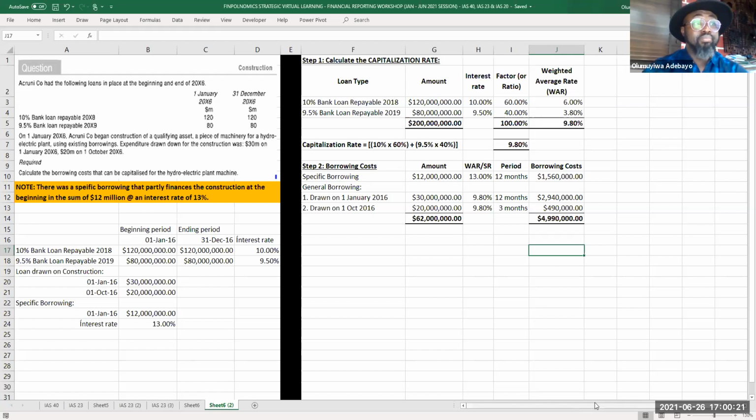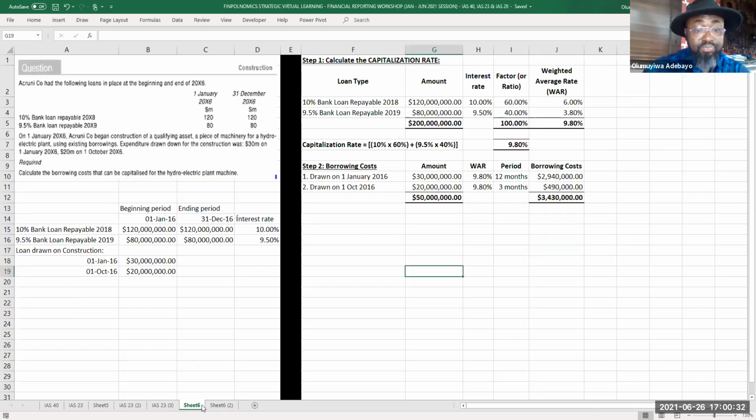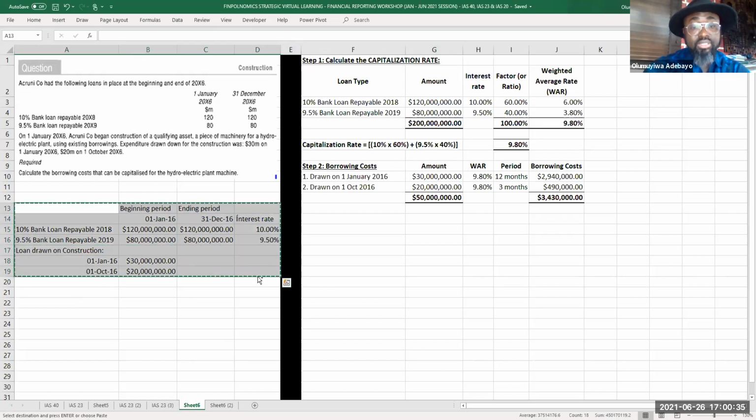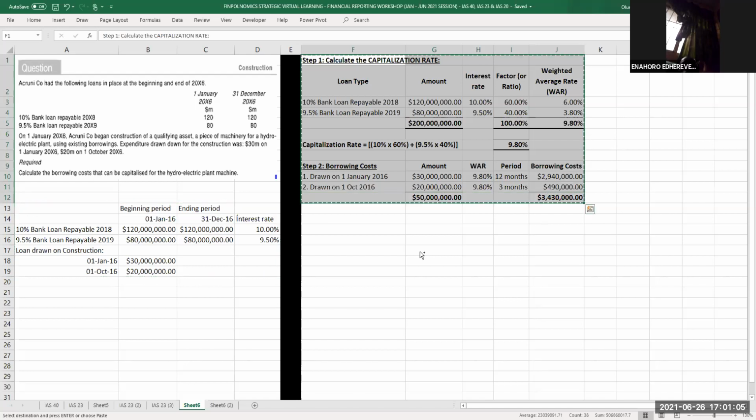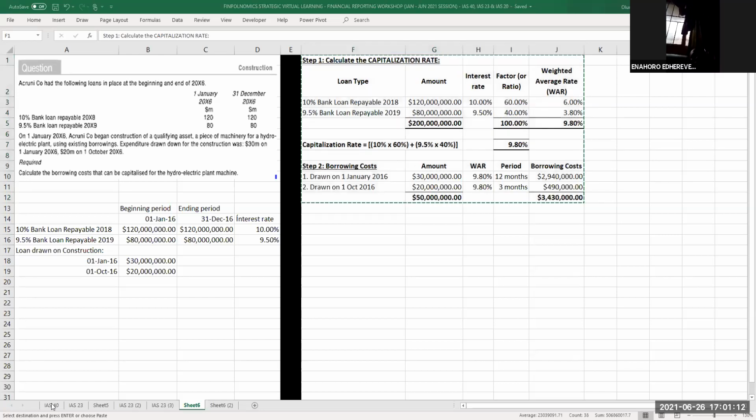Does it make sense? Yes, it does. Okay, that is that. Now, let me copy this and take it to the slides.